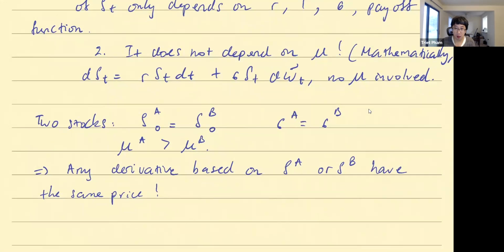All right. So, well, how so? What is the reason behind this, for example? And again, the reason just comes back to risk neutral pricing.